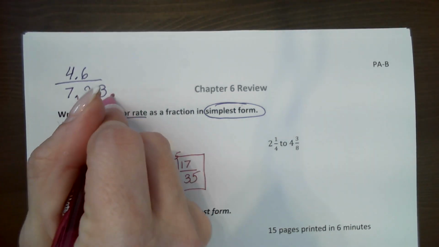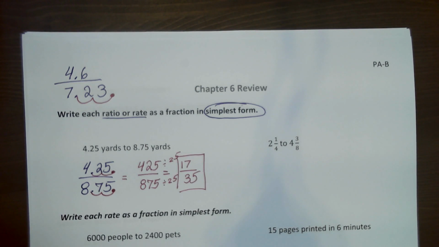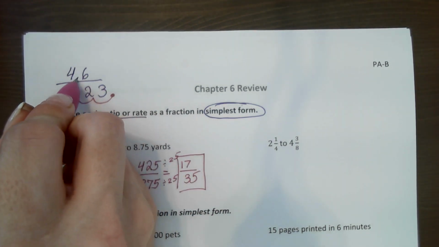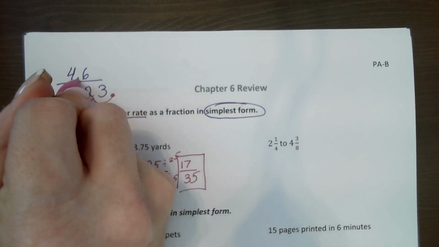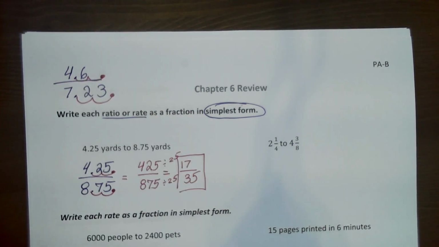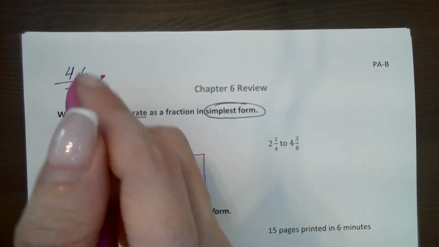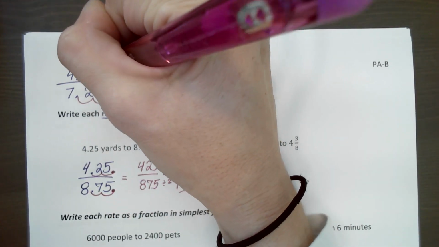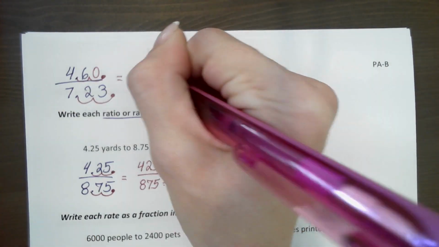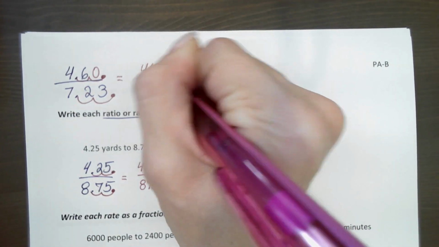In this case, it's 2 times. So because I want to keep things equivalent, I have to do the same to the other piece of my ratio. So I'm going to move this decimal 2 times. And then if I have any missing place values or empty place values, I'm going to fill it in with a 0. So this would become 460 over 723.